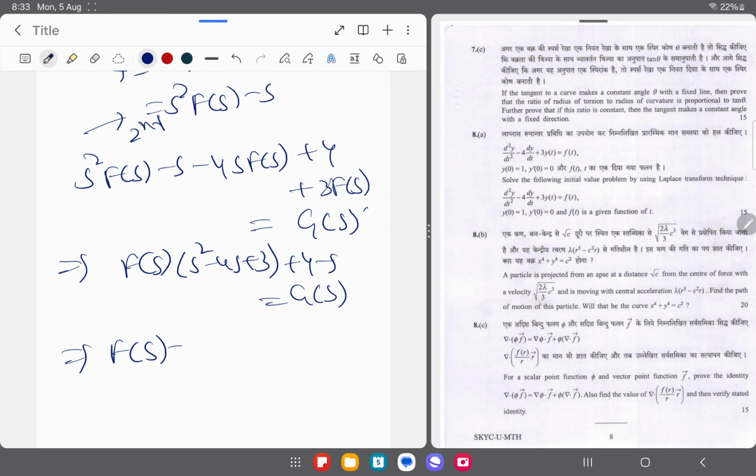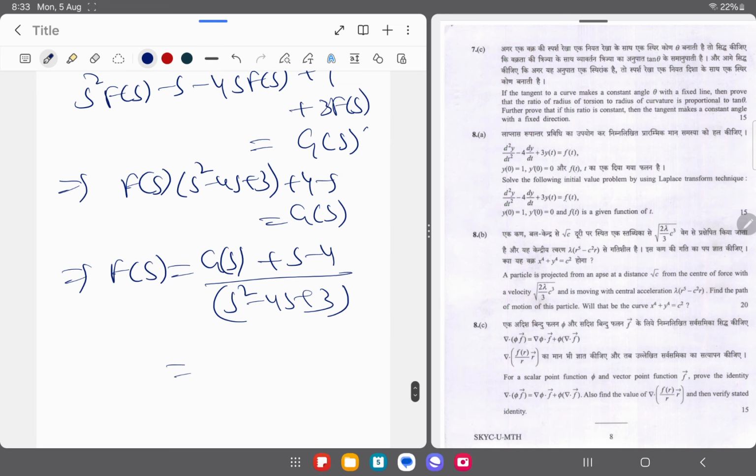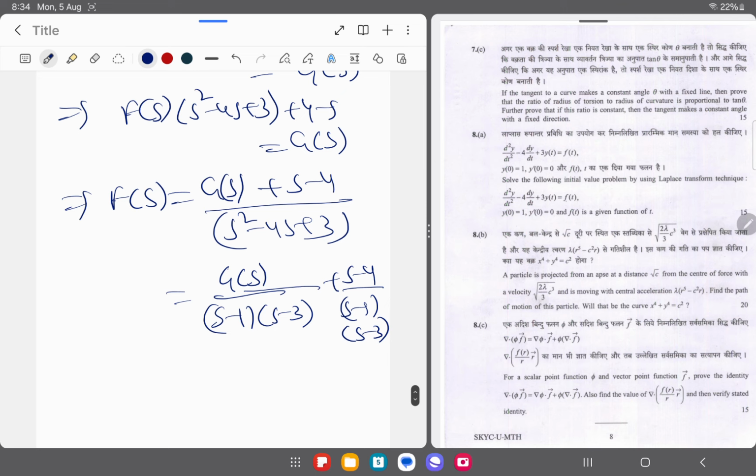So f of s is equal to g of s plus s minus 4 by 3, right? So g of s by s minus 1 into s minus 3 plus s minus 4 by s minus 1 into s minus 3, right?